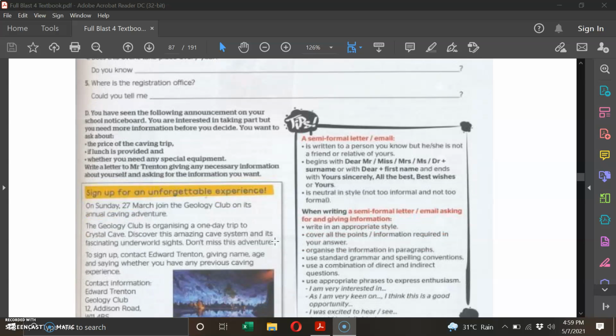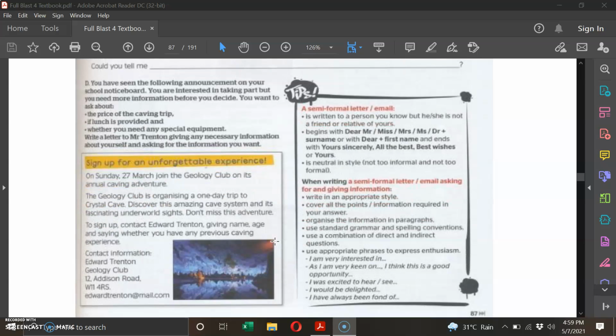Okay, before you attempt these writing questions, you should refer to the sample semi-formal letter on page 86. They are actually the same. Okay, and I want you to write this essay and send it to me using Google Form.